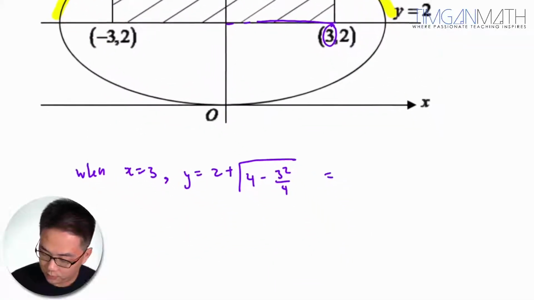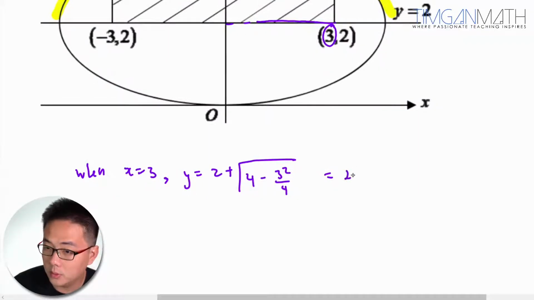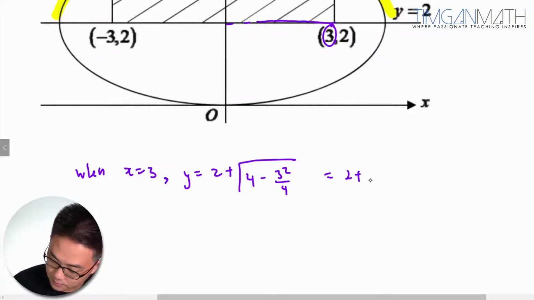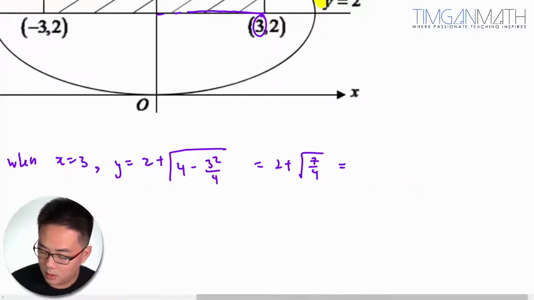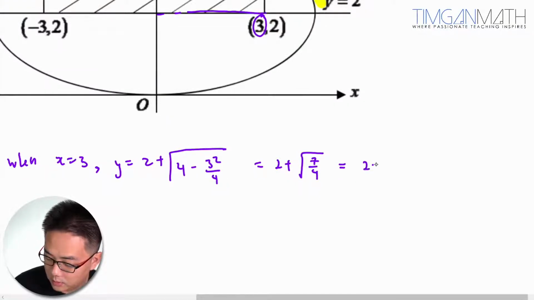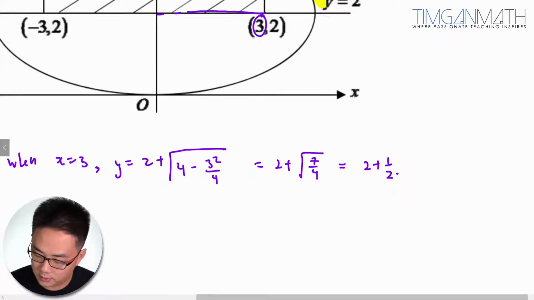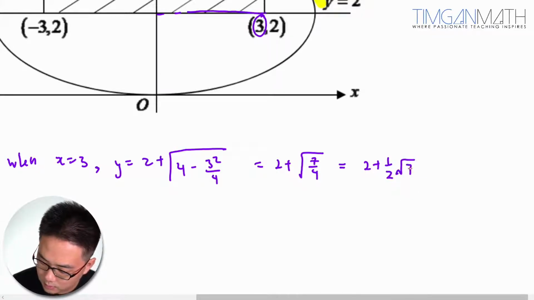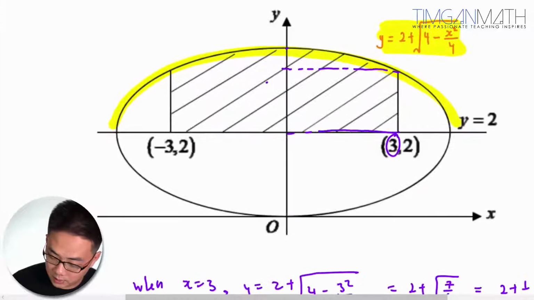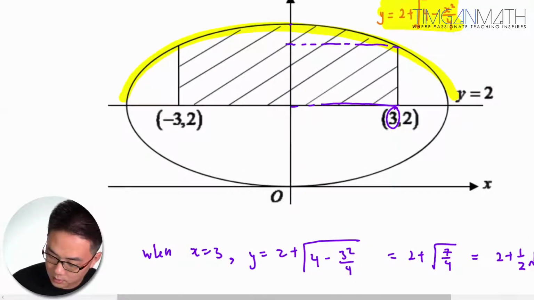Okay, 7 over 4. So 2 plus the square root of 7 over 4, which is 2 plus half root 7, sorry. The root 4 I'm just bringing out.